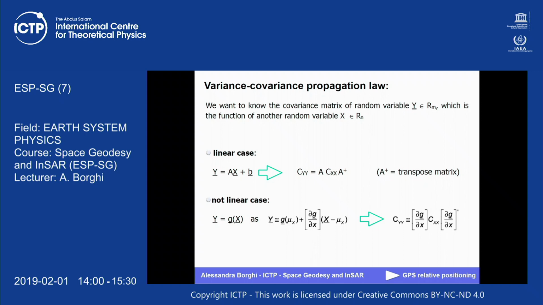I put the definition of the variance covariance propagation law in the linear case: if you know the covariance matrix of this quantity x, and this quantity is related to the quantity y through a linear relationship, you can obtain the covariance matrix of y using this relationship.